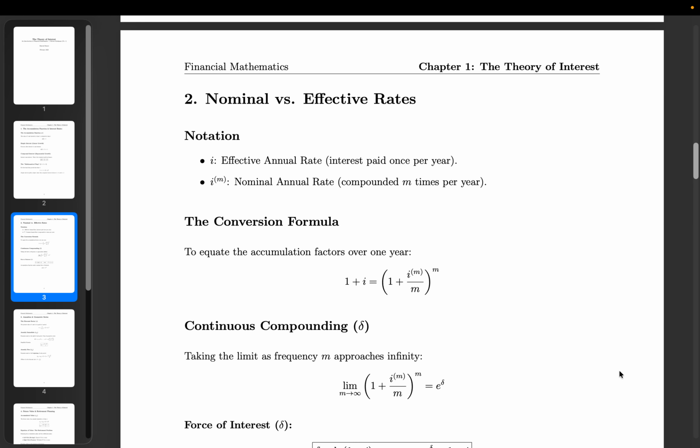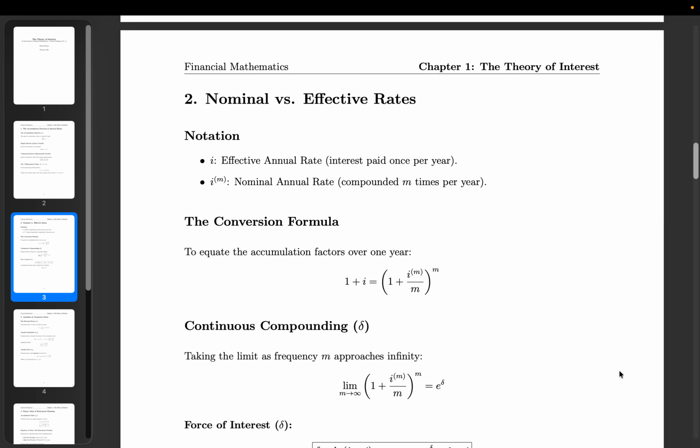For example, if a credit card says 18 percent APR compounded monthly, that's i^(12) = 18 percent. Is the interest actually 18 percent? No. Buchanan explains that the nominal rate is just a sticker price. To find out what's really happening, we have to look at the periodic rate.